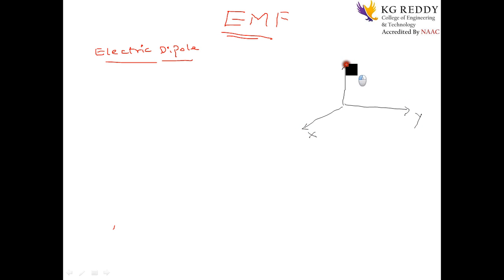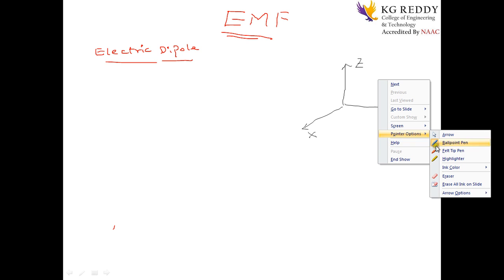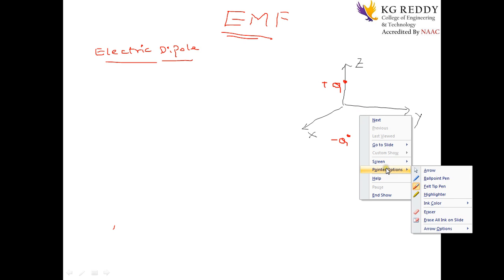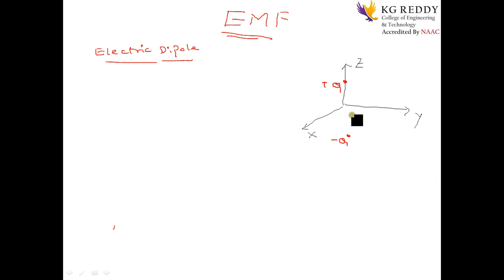I am taking here a Cartesian system, which is also called a rectangular coordinate system, having x, y, z, and I will be taking one positive charge and in the same way one negative charge. Here the charge which is negative is lying on the negative z-axis. This is the dotted line which I am showing you.